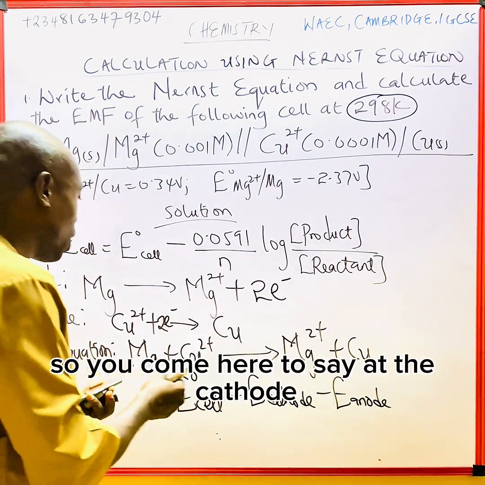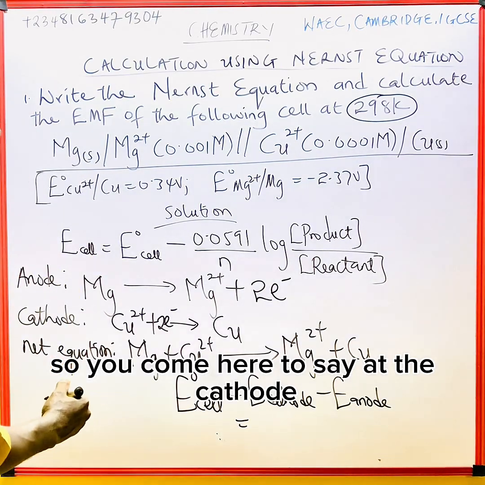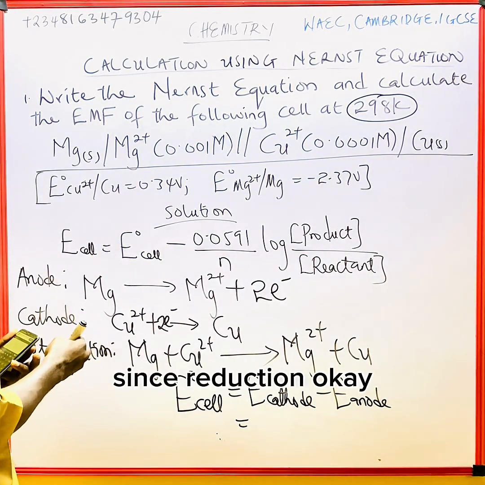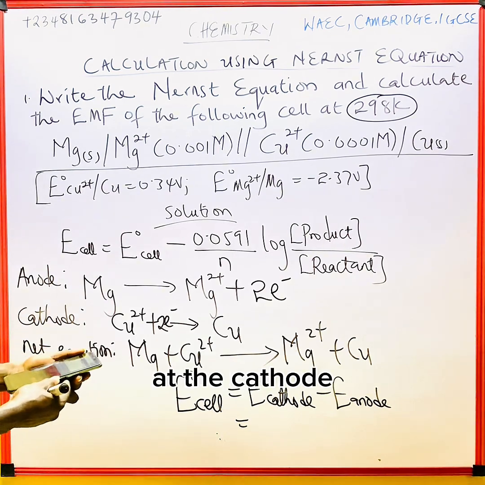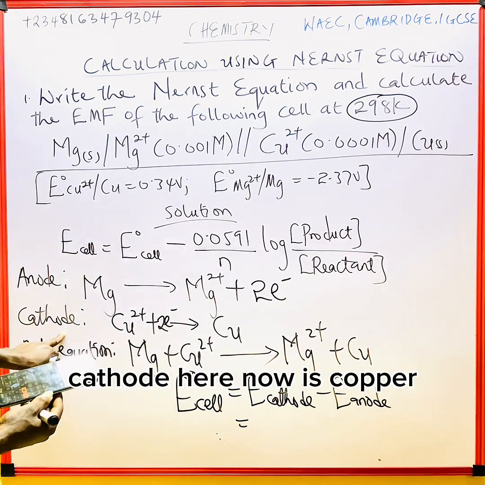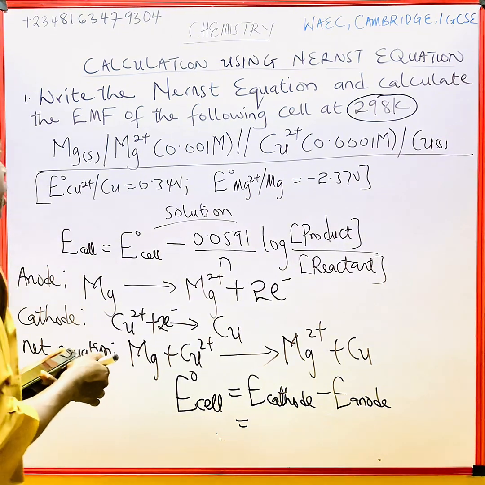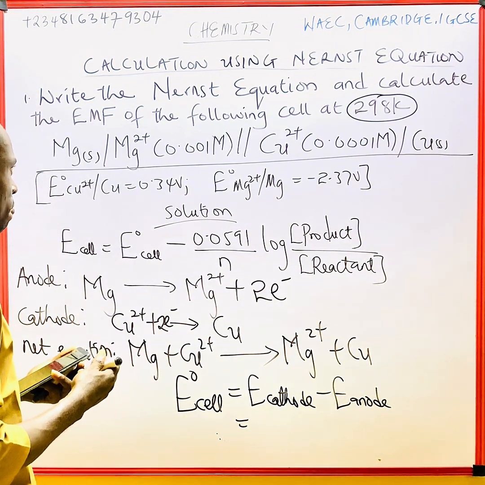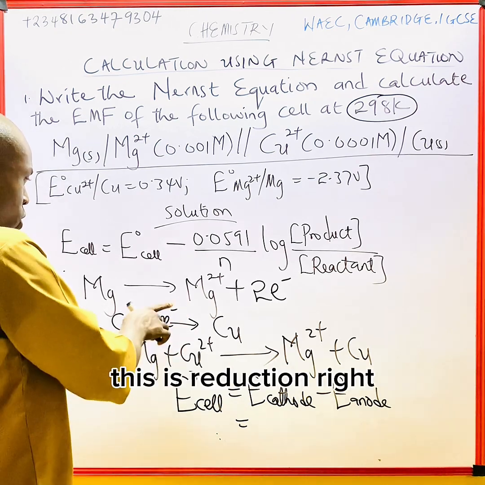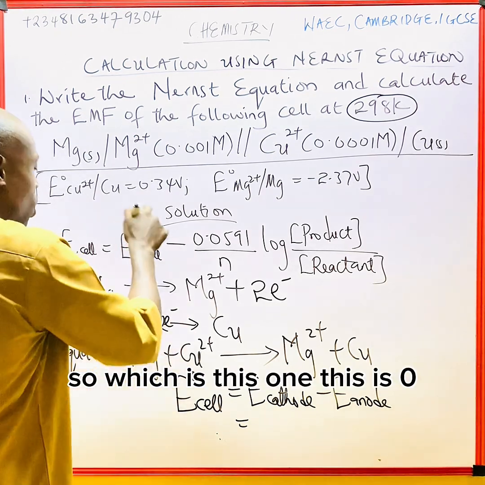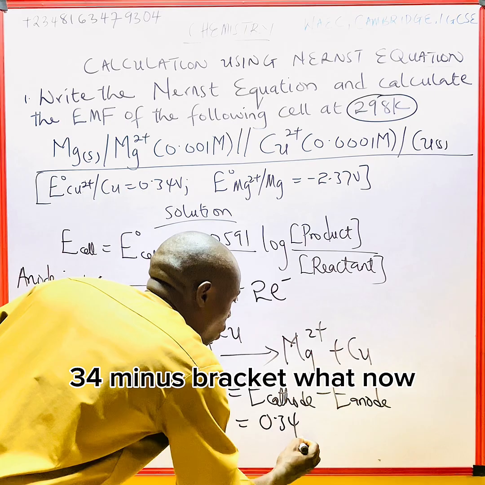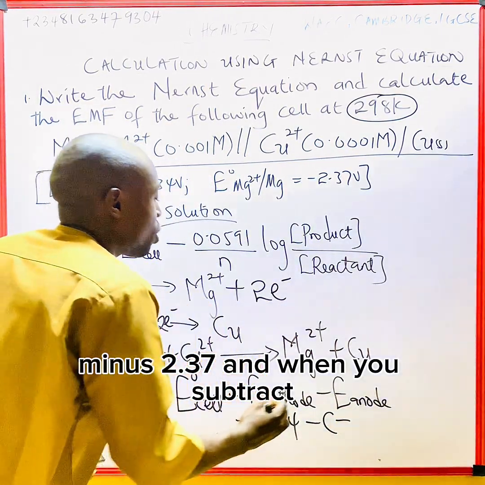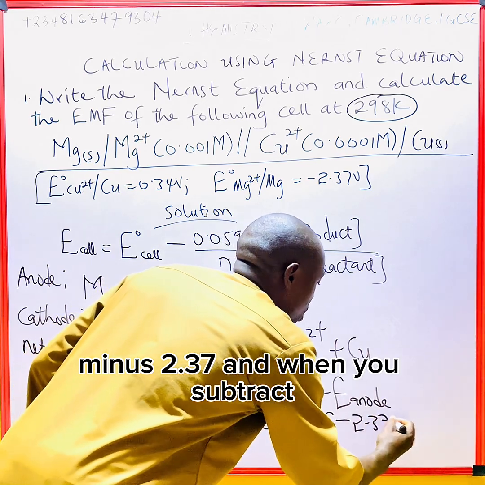So you come back to say, at the cathode, since it's reduction, the cathode here is copper. We use the reduction potential, which is 0.34 minus bracket minus 2.37.